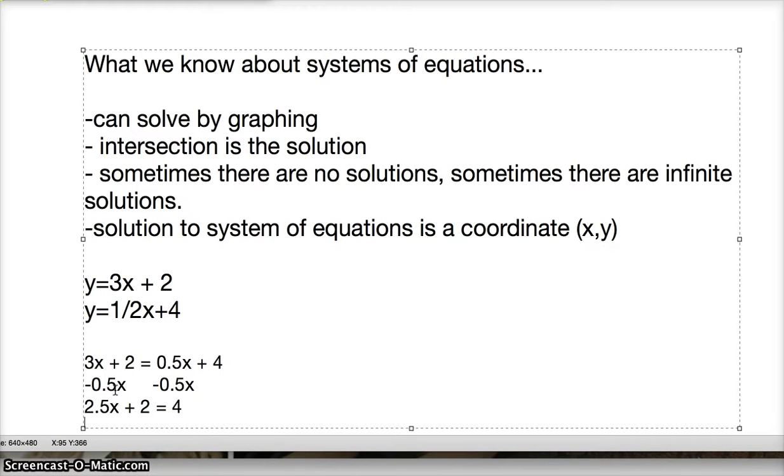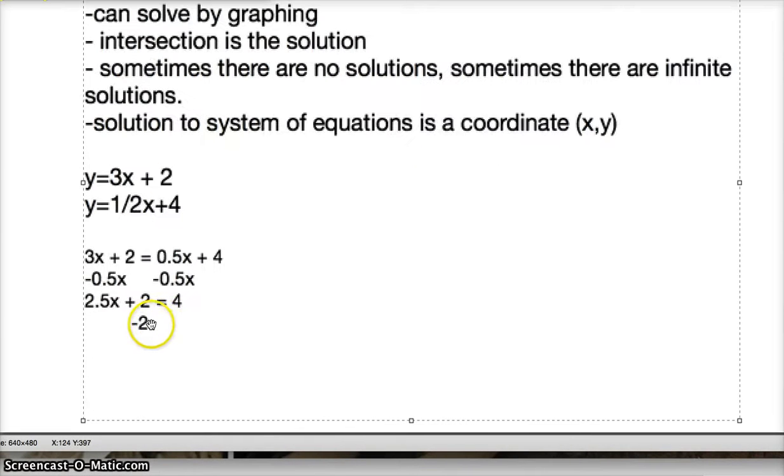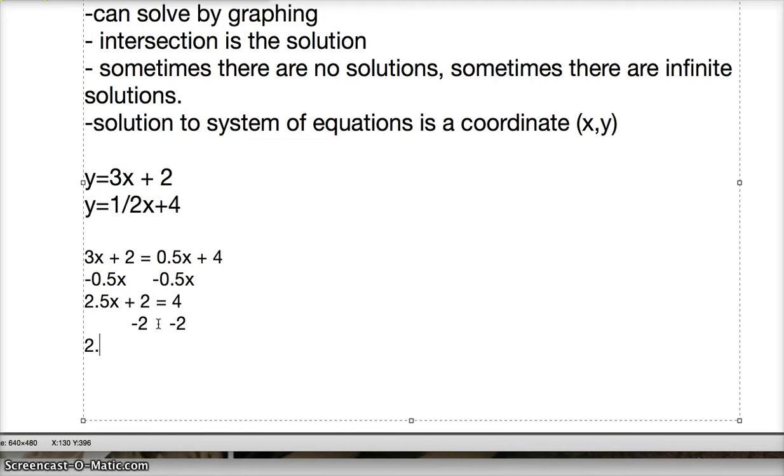And then let's see if I can still solve this. I still need to subtract, undo addition and subtraction, so I'll subtract 2 from both sides of the equation. And that leaves me with 2.5x equals 4 take away 2 is 2. And then I need to undo this by dividing by 2.5 to both sides.